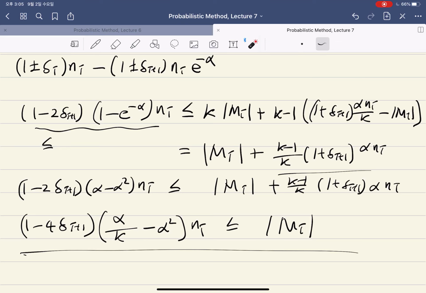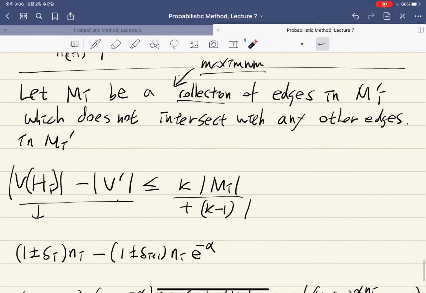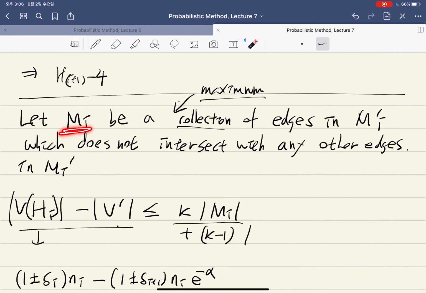Sorry that I was a bit confused on the computation, but the point is that we know this M is a collection of edges, and we know how many vertices it must cover. If all the edges are disjoint, you cover the maximum number of vertices.